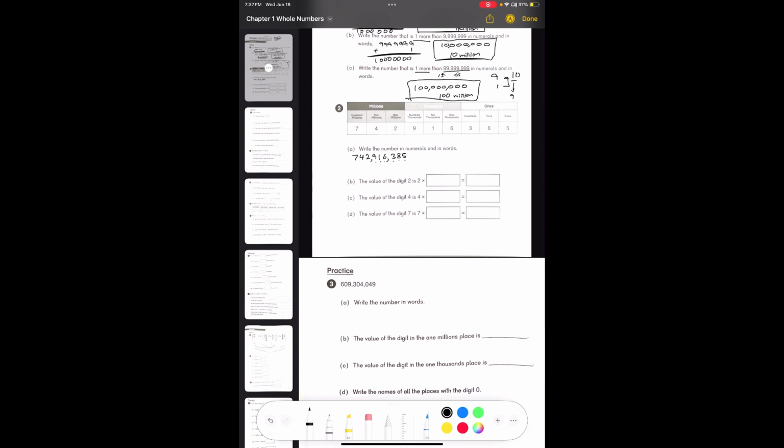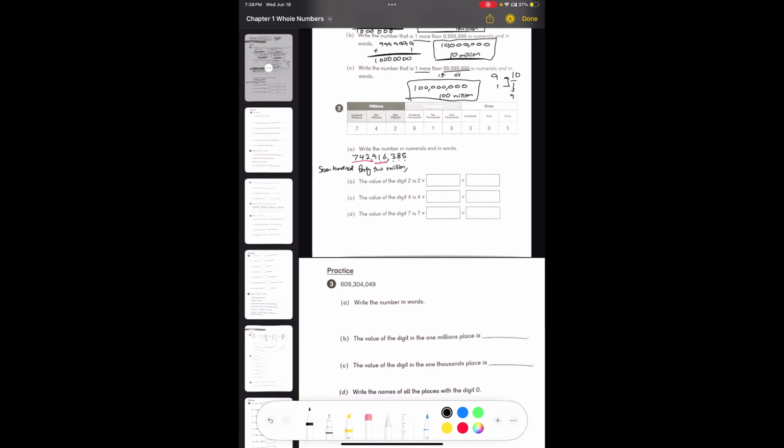And now time to write in words. So this here is the millions place. So we'll write this as 742 million, with a comma here. Then next we're going to do 916, and this is in the thousands.